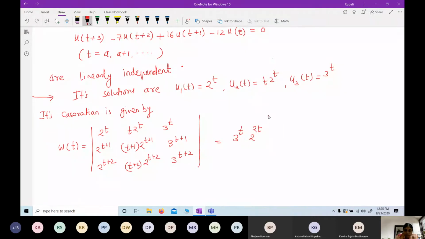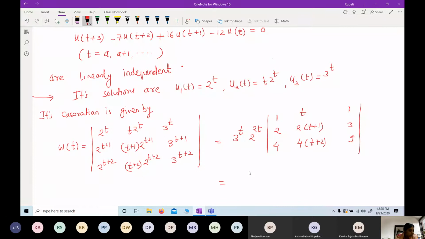And then what will remain is the determinant of 1, 2, 4, then t, 2 times (t plus 1), 4 times (t plus 2), and 1, 3 and 9, 3 squared. Is that okay?